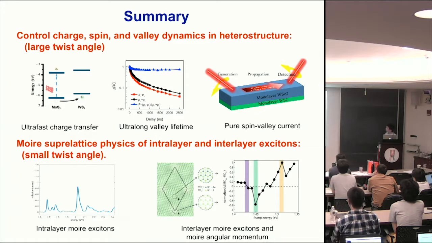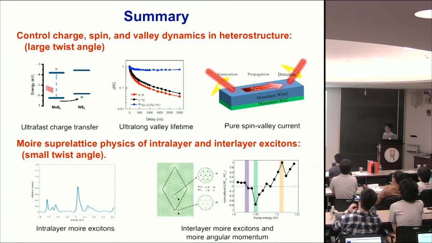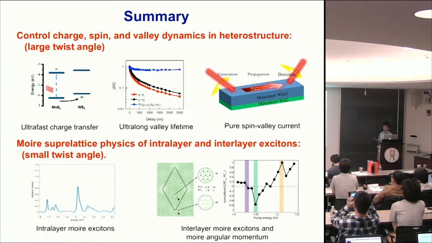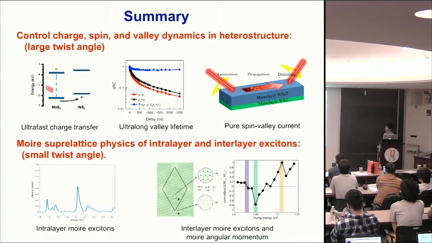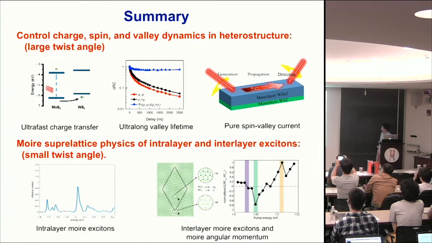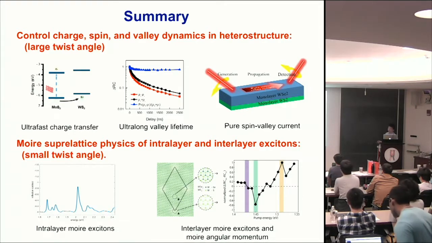So basically, when you stack two layers together, things can change quite dramatically. Even if you don't control the twist angle, you can have ultrafast charge transfer, and that allows new ways to control the spin and valley lifetime and the transport of valley current. And when you have a small twist angle, the Moire physics exists, so it will affect both exciton transitions as well as electronic transport.